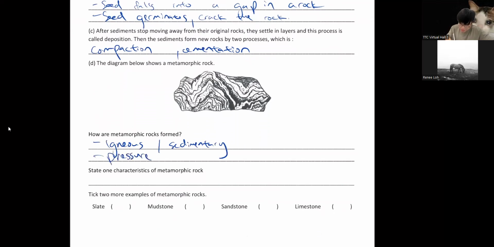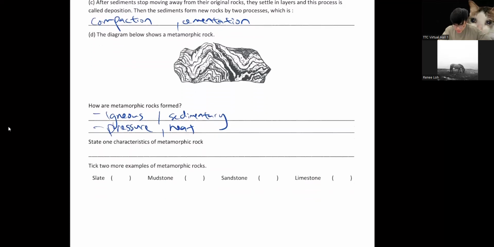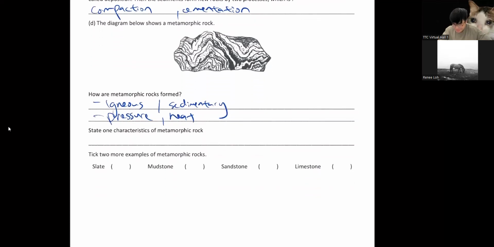It's the same process, pressure and heat. Rocks must be formed with these two things, always pressure and heat. Without these two there will be no rocks. State one characteristic of metamorphic rock. They are very dense, because they are pressed together for a very long time.